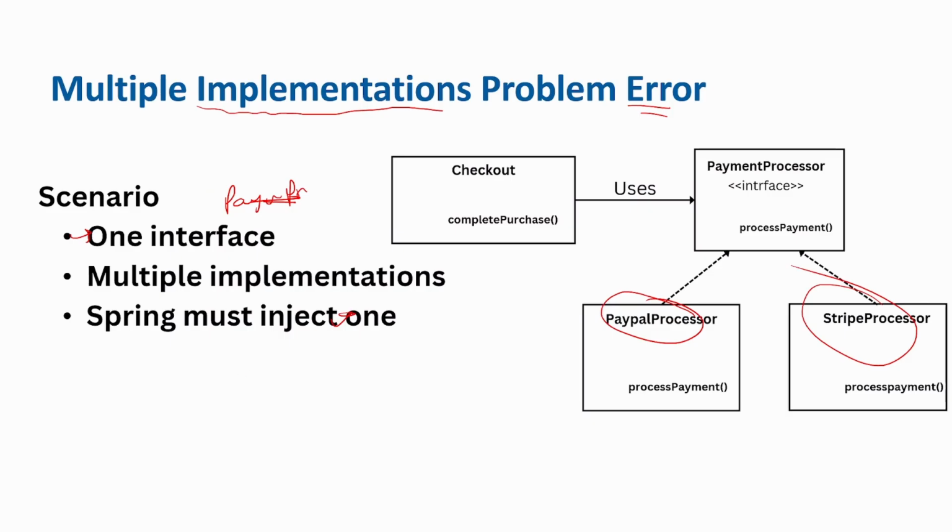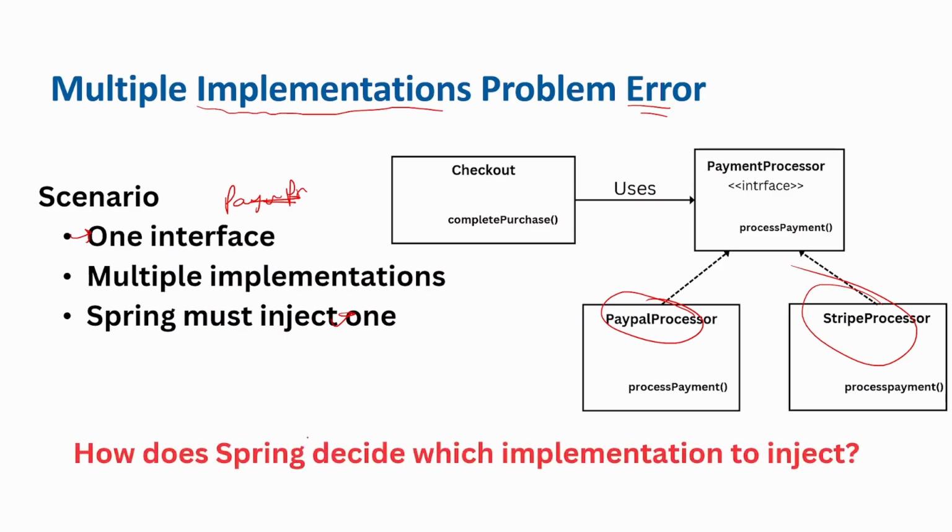So what is happening here is that in the Spring context we have our StripeProcessor, PayPalProcessor, and CryptoProcessor, all of type PaymentProcessor. In the Checkout class we have written PaymentProcessor, and Spring tries to inject one, but it found 3 implementations, and Spring can only inject one.